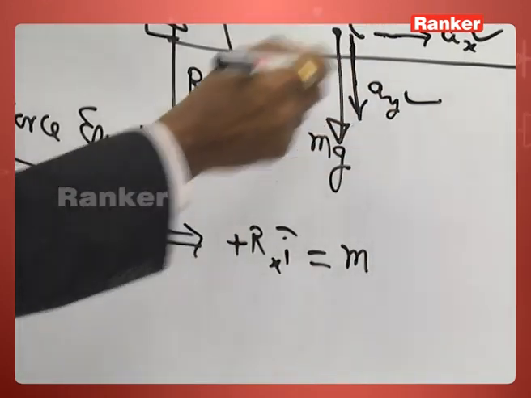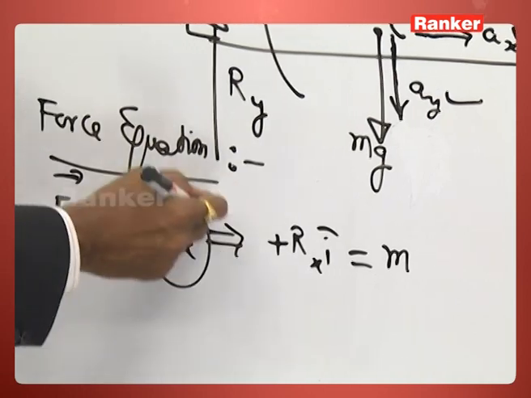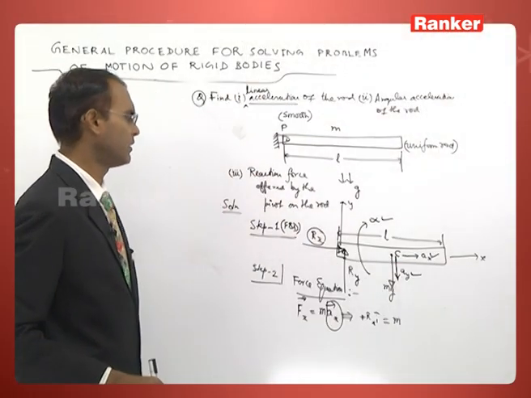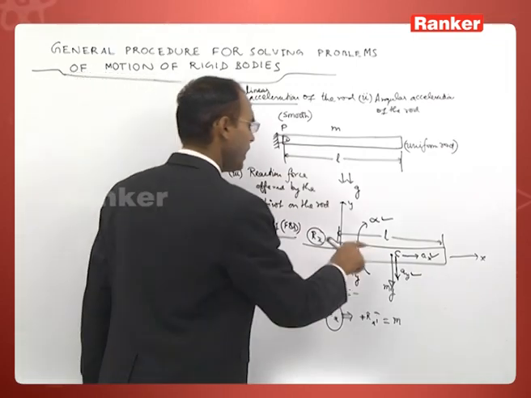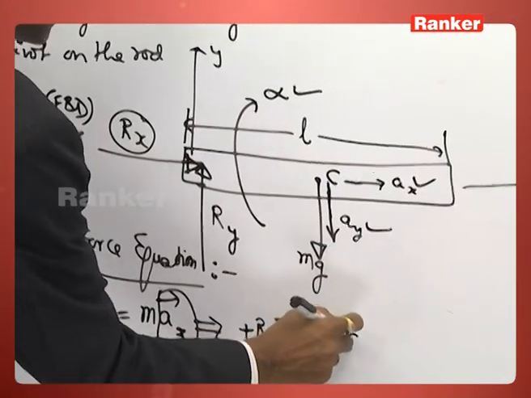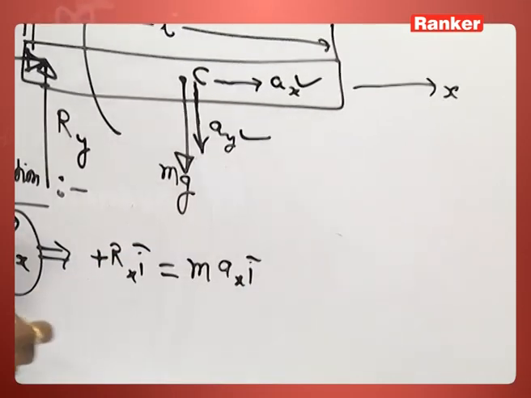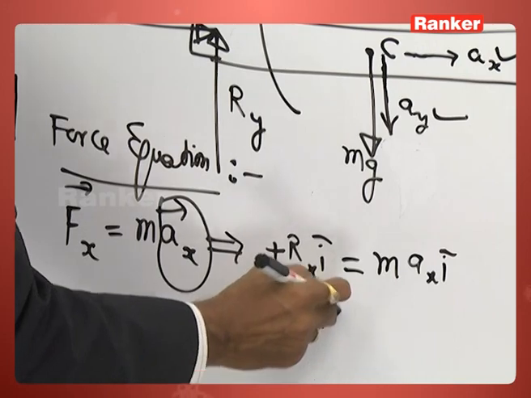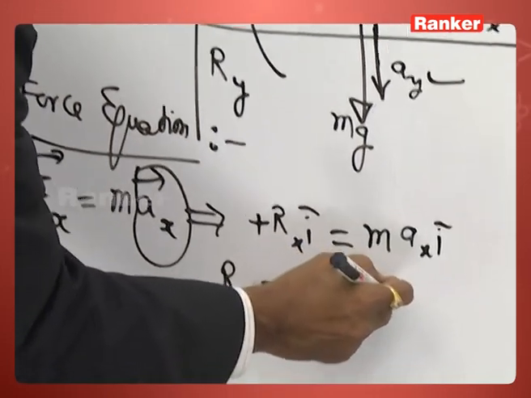Is equal to mass times the acceleration of the center of mass along x direction I have taken towards right or along positive x direction, that is Ax i cap. This gives us Rx is equal to m into Ax. That is equation number 1.